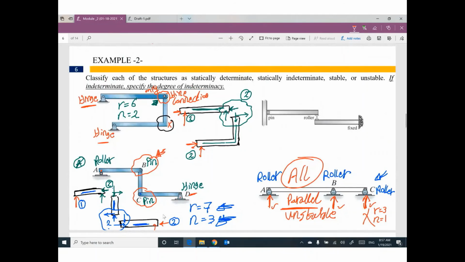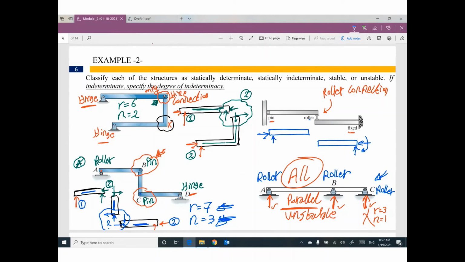This one, we have this roller connection. We have fixed and we have pin. So this part and this part, this pin support, we have 2 reactions. Fixed, we have 3 reactions.